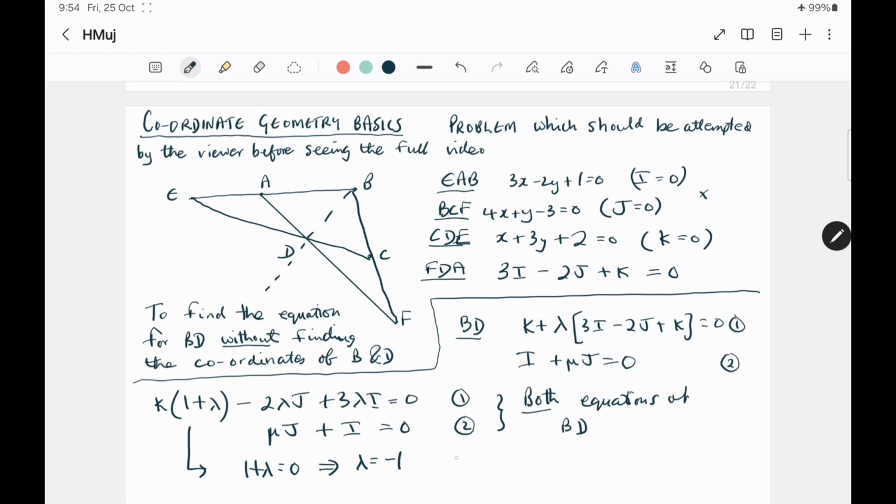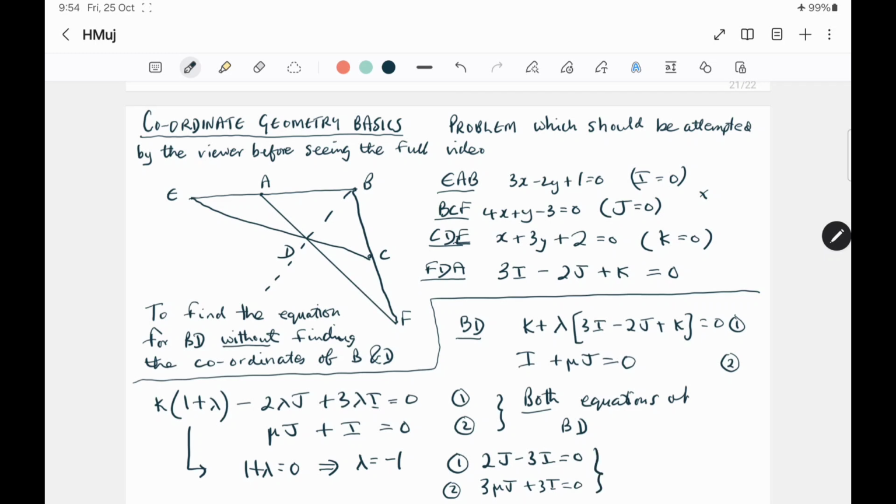So the first equation becomes 2J minus 3I equals 0. And the second equation, just multiplying it by 3, becomes 3 mu J plus 3I is 0.